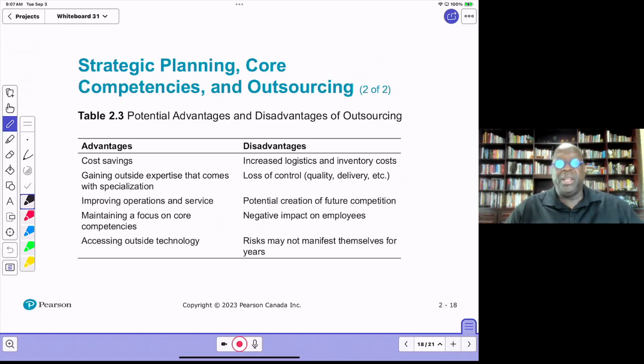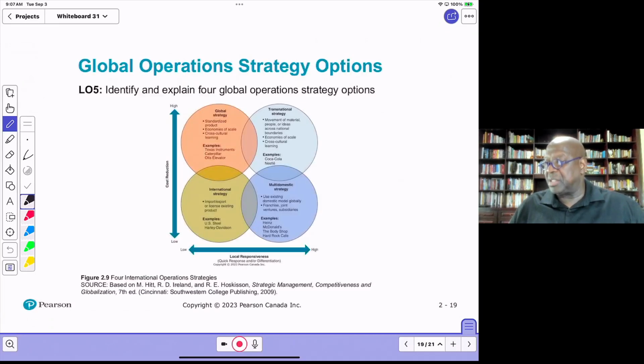However, it can increase logistics and inventory costs, and loss of control, because you now have to rely on a third party to do certain things for you. You might end up creating your own competition, because the organization producing a service for you may very well decide to scale that service and compete with you. All right? So these are some things to consider.